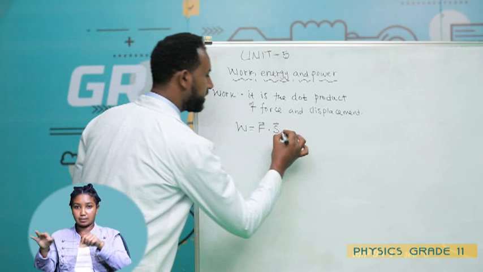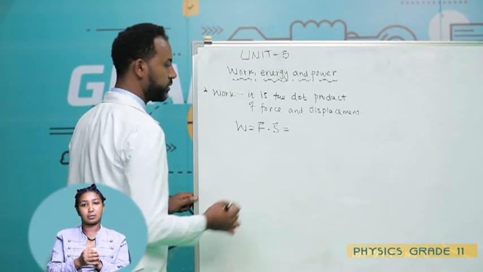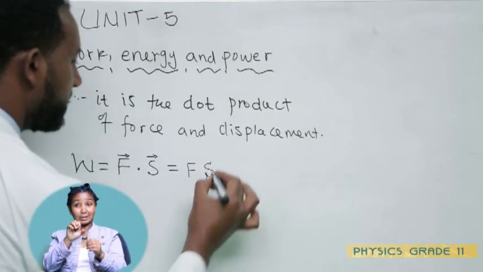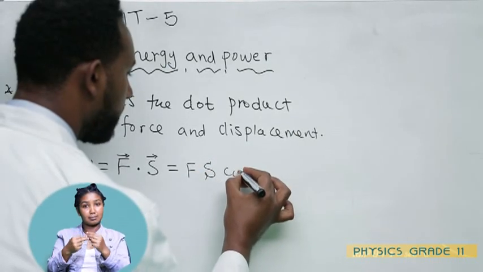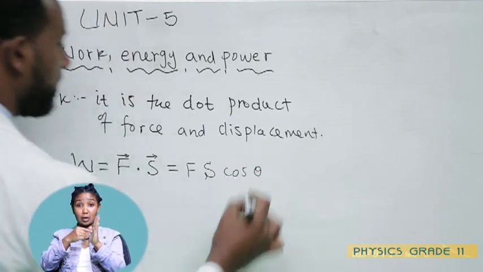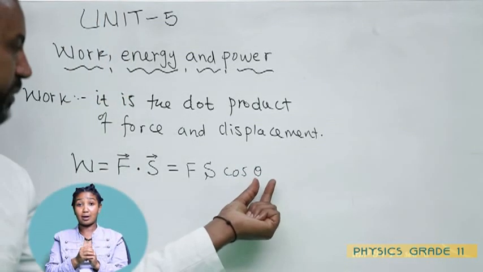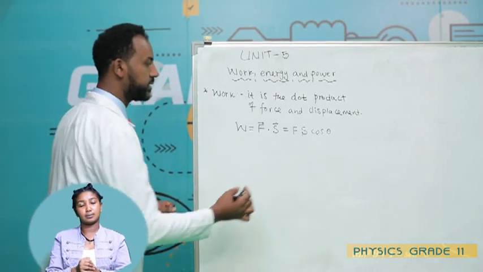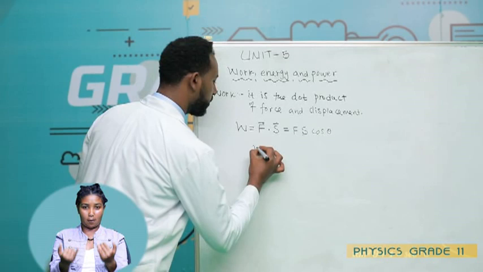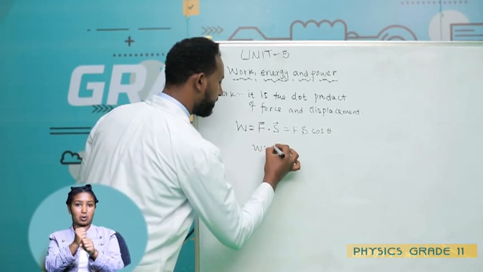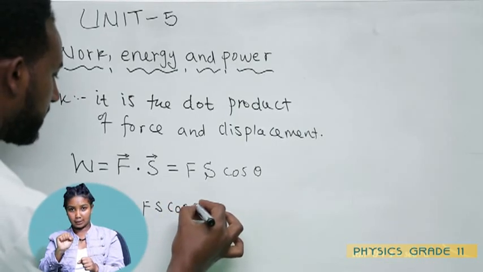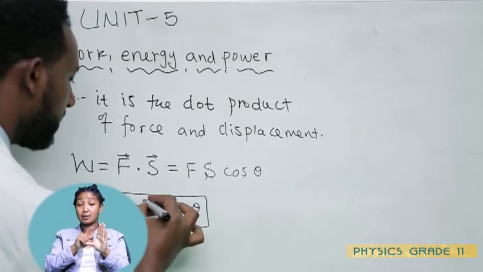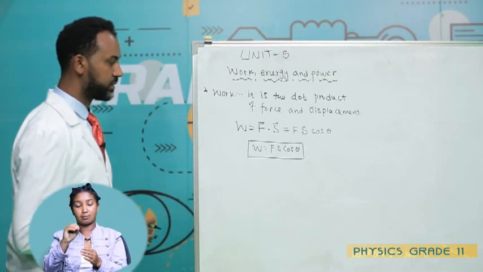When we try to determine the magnitude, it is the magnitude of force times the magnitude of displacement times the cosine of theta, where theta is the angle between the force and the displacement. Now, it's possible to find work as F s cosine theta. Never forget this angle. The angle is always between the force and displacement.